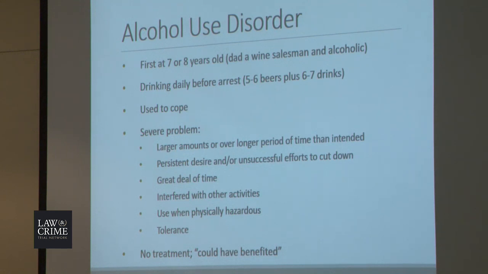Again, not terribly surprising in his circumstances, given the genetic predisposition for drug and alcohol abuse, given the traumatic environment he came from, given his generally maladaptive ability to cope, owing in part to his lack of treatment. So not terribly surprised, but he did in fact develop an alcohol use disorder as well.